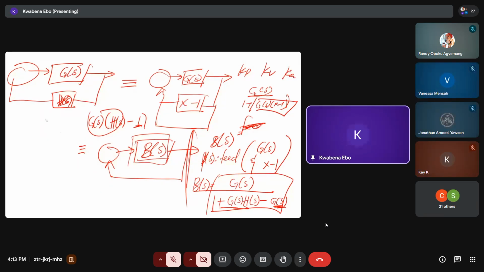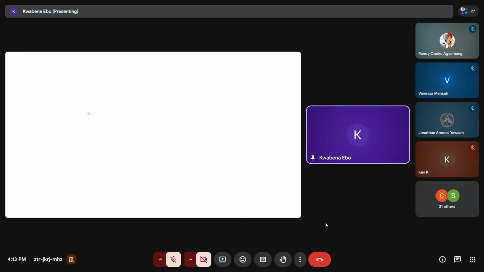Now, there is something you have to know about this. When you have a B of S, for the purpose of us here, that's what they use. When I say B of S, it means JH minus J. For the B of S, do not make the mistake of using the denominator to just find whether it is type 0, type 1, or type 2.